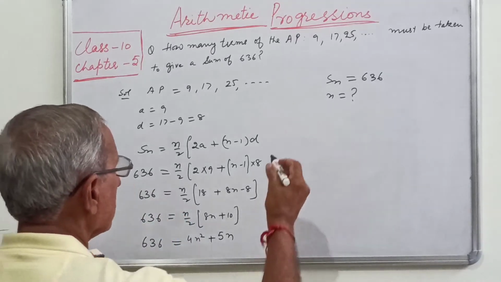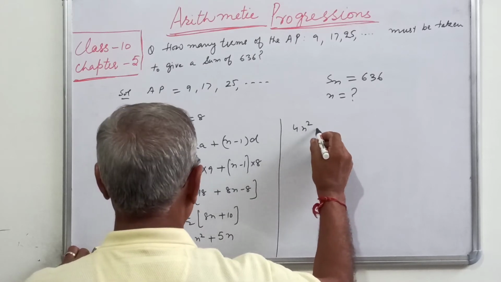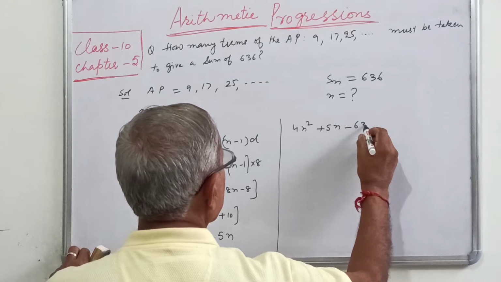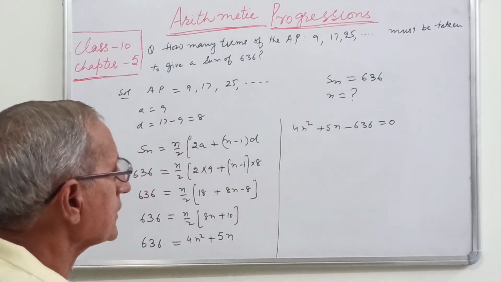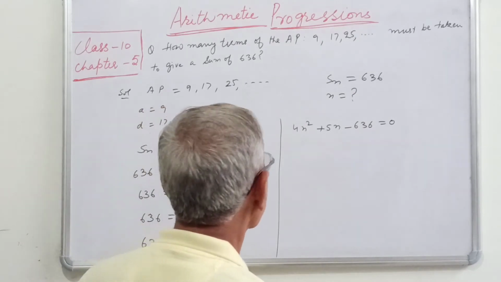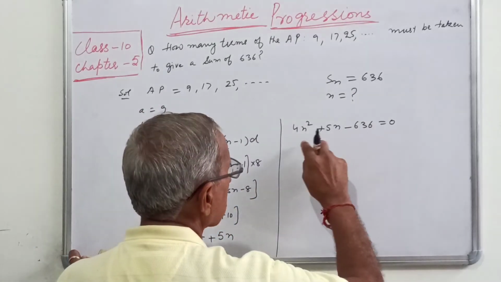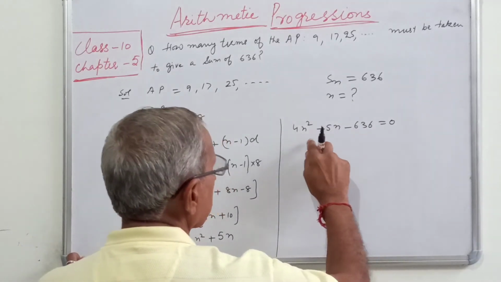अब हमने इसको एक ही तरफ ले लेना, तो 4n square plus 5n minus 636 is equal to 0. So using the discriminant quadratic formula here, so we have to factorize this given quadratic equation.